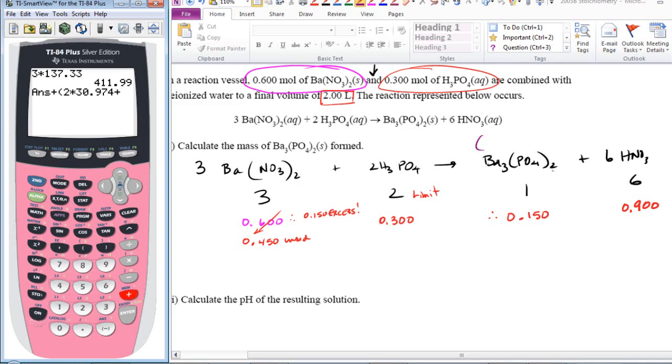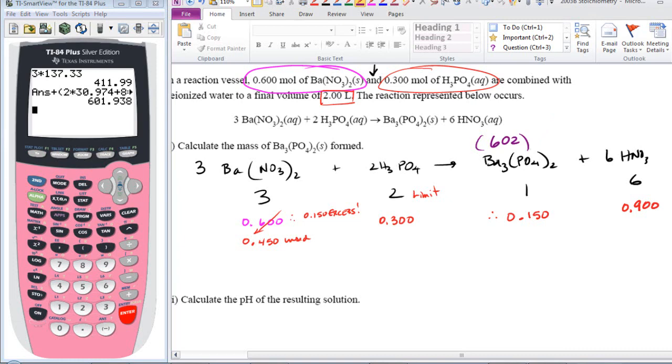Why 8? Because 4 times 2 is 8. 8 oxygens. 8 times 16. Close all that mess. I should come out with 602 if I did that right. Yep, 602. I know it shocks you. I actually work these problems before I start recording. So 602 grams per mole.